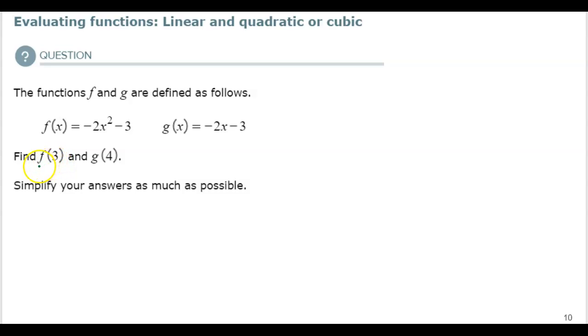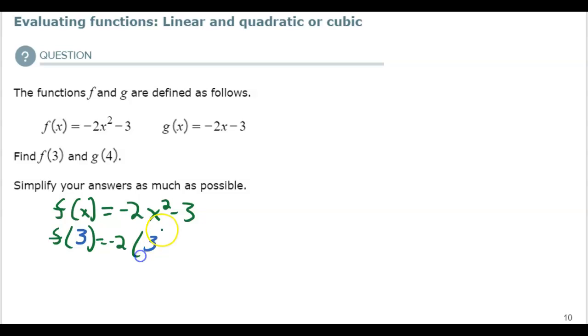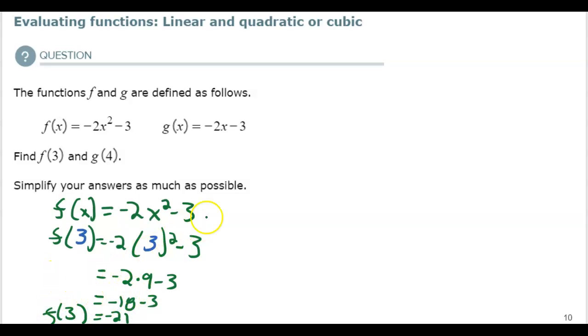It's asking us to use the f function, and everywhere we see an x, we put a 3. Then I can just solve this. So f of 3 equals negative 21.